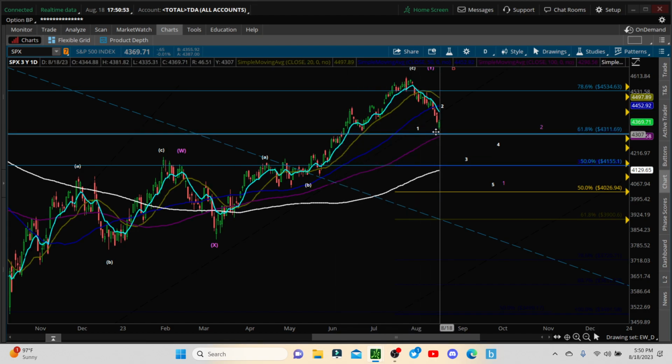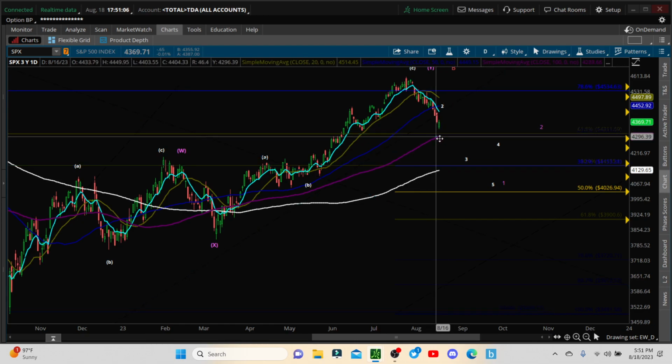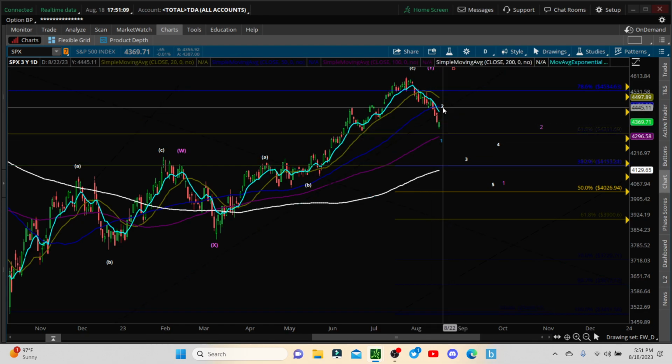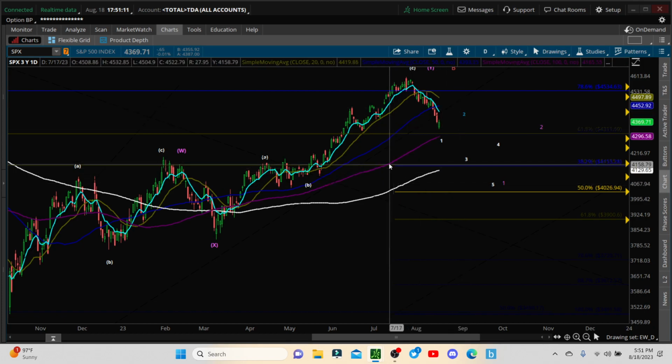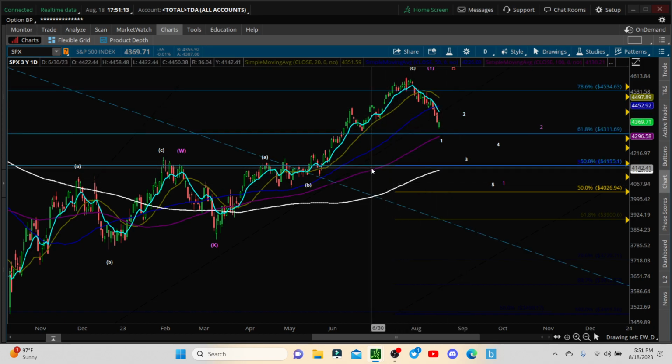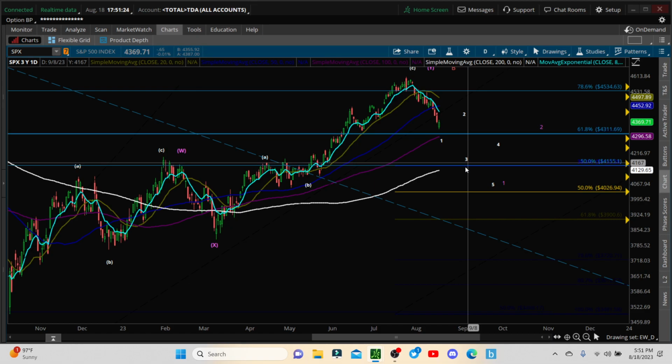So right in that 4,300 area, that's going to give us another sort of support. Ultimately, if you look down further, whether we get a bounce here or not, let me move this where it should be. I'm looking for wave 1 here since we're on the Elliott wave, but I'm really looking for a nice big support area at this 50% and this 4,150 to 4,200 area. That's going to be a much larger support area there.